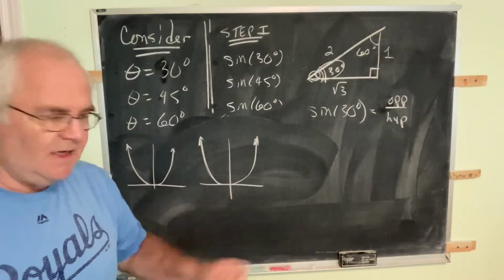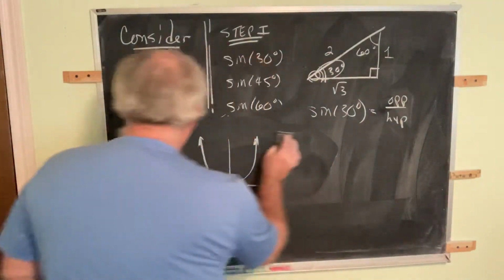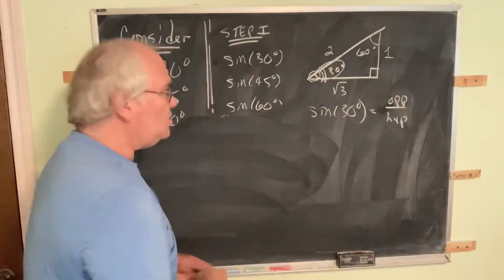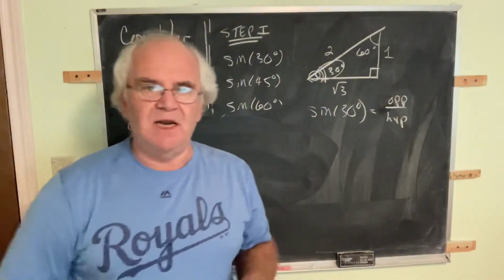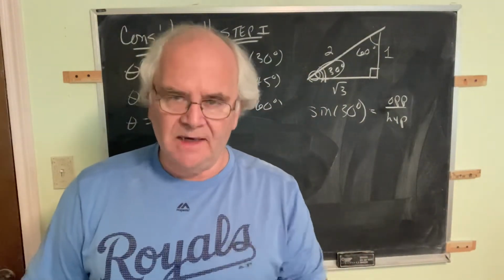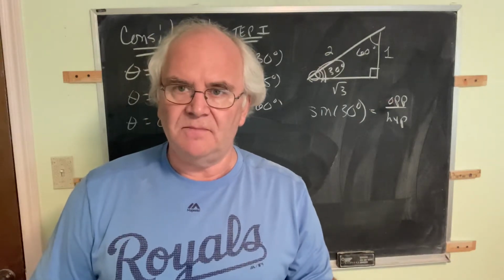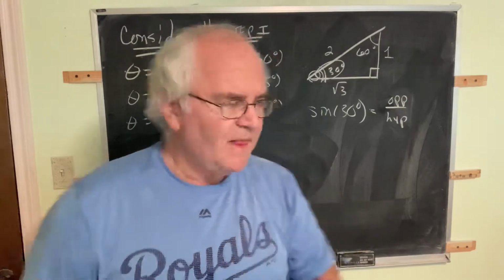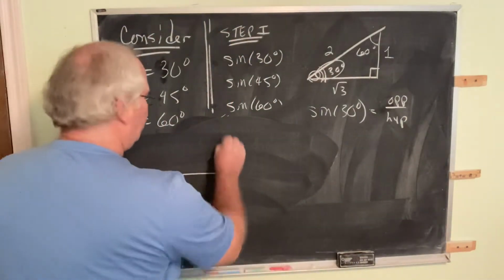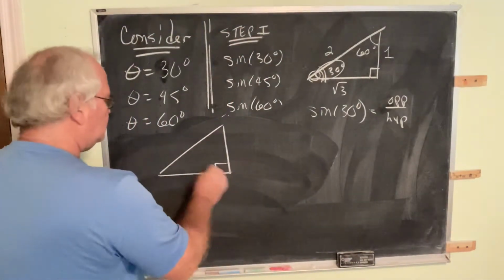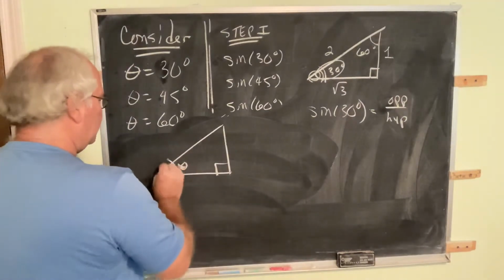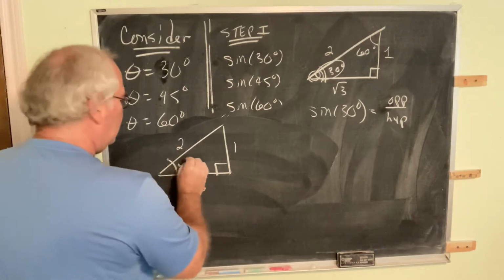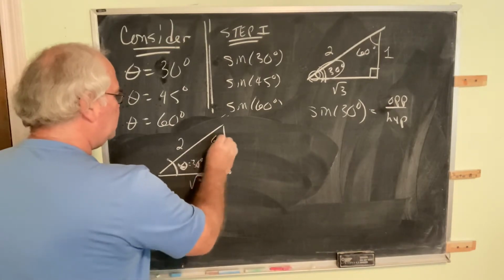In exactly the same fashion, if I ask you to draw and label a 30, 60, 90 triangle, I would expect you to be able to put this picture down: this is 2, this is 1, this is square root of 3, this is 30 degrees, this is 60 degrees.